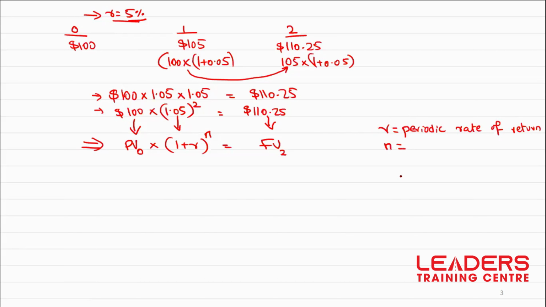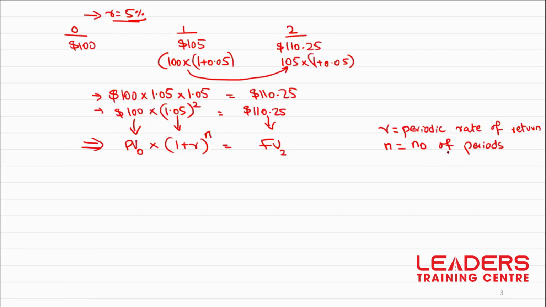Likewise, N, and I always say two things are periodic here. R is the periodic rate of return, and N is the number of periods, not the number of years. If it's quarterly compounding, the number of periods each year would be 4. If it's monthly compounding, the number of periods in each year would be 12. So if it's quarterly, N becomes the number of quarters.